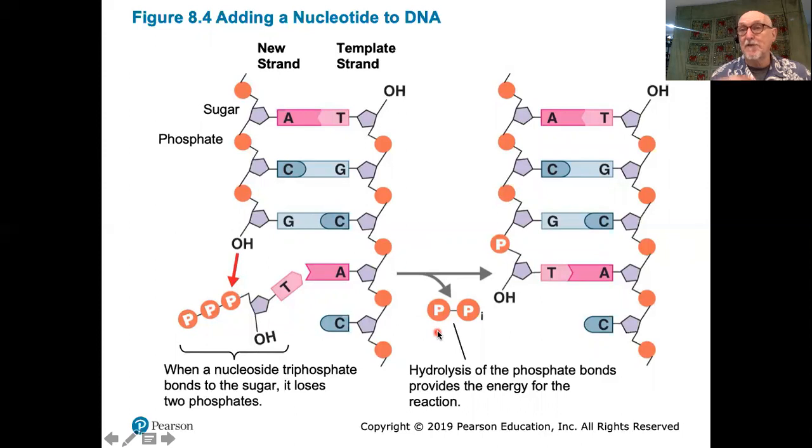And two phosphate groups are freed from the triphosphate nucleotide. So they behave exactly the same as ATP does. The energy for forming the covalent bonds that structure the nucleic acid itself is inherent in the free nucleotide.